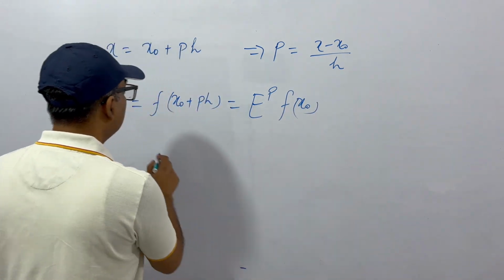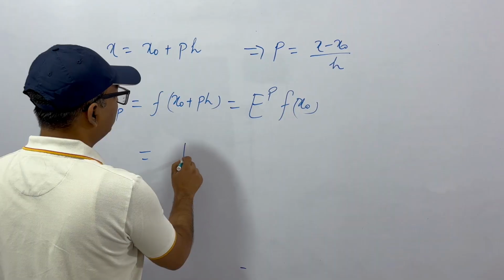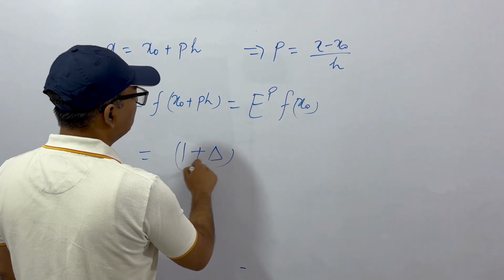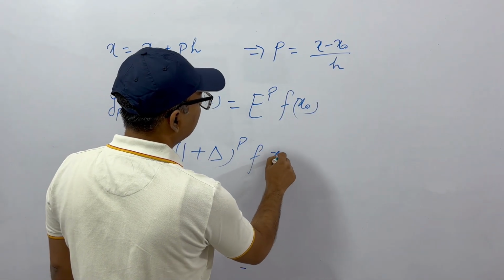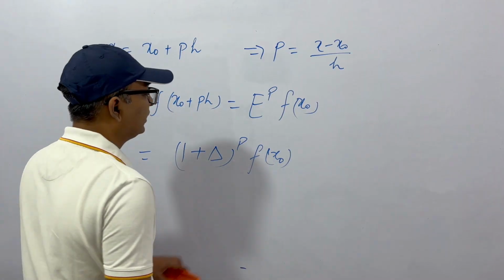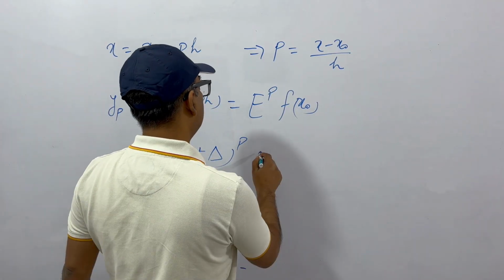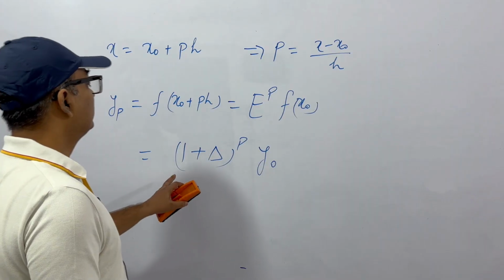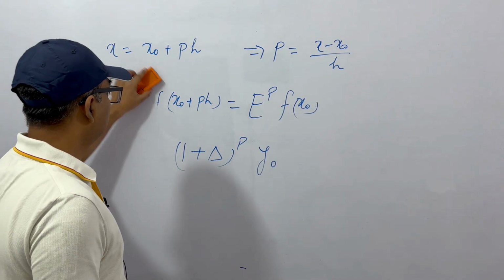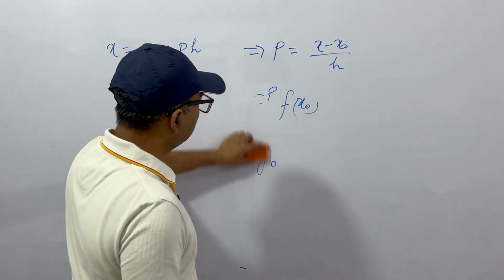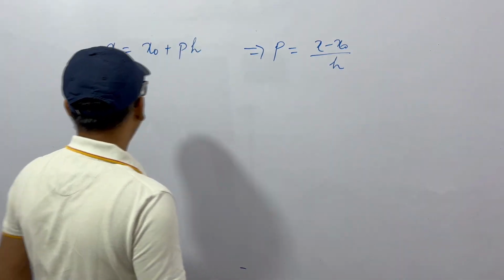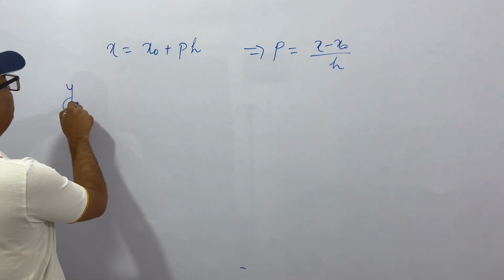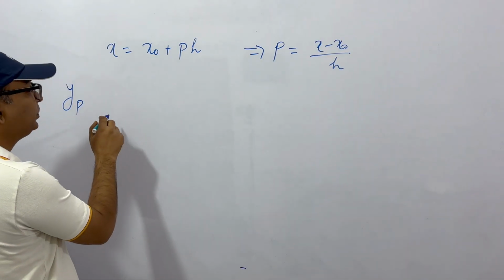But we know that E is given as 1 plus delta. Instead of f(x0) I can write y0. Now if we expand this by binomial theorem, what will we get? We get yp, that is f(x0 plus ph).